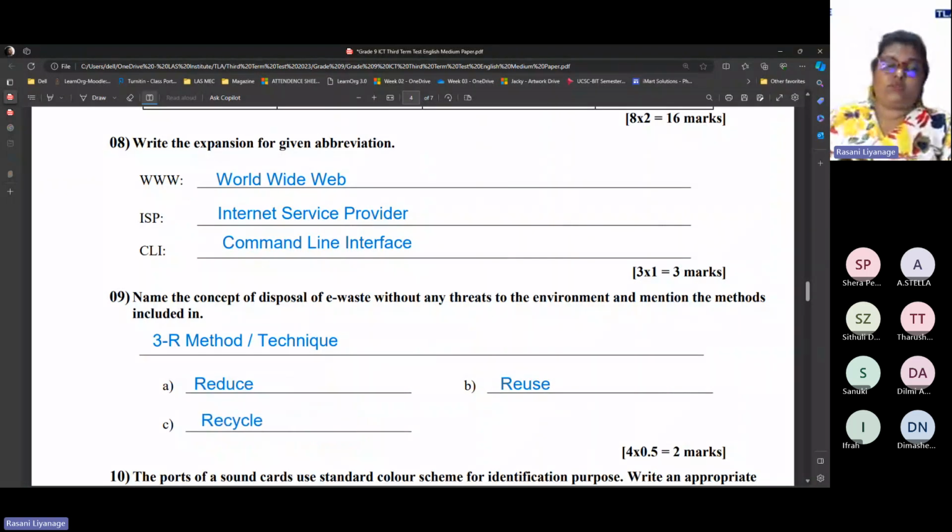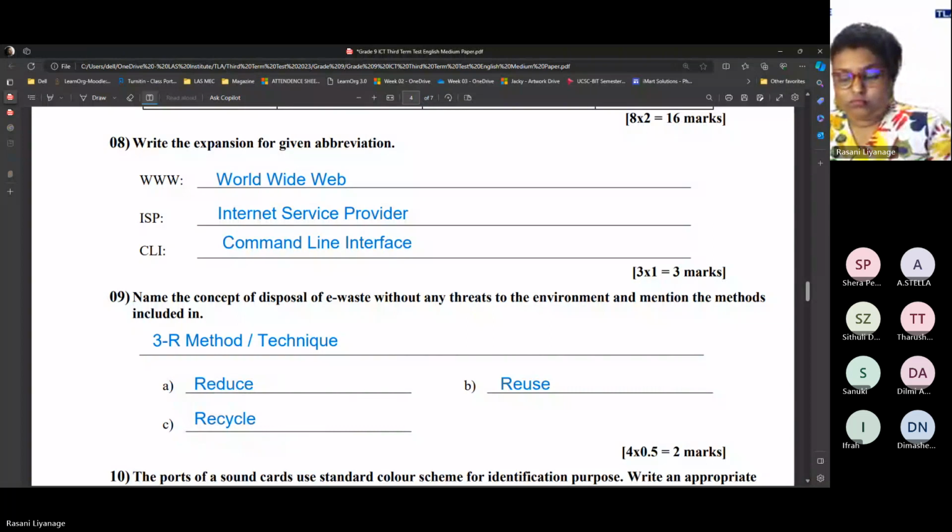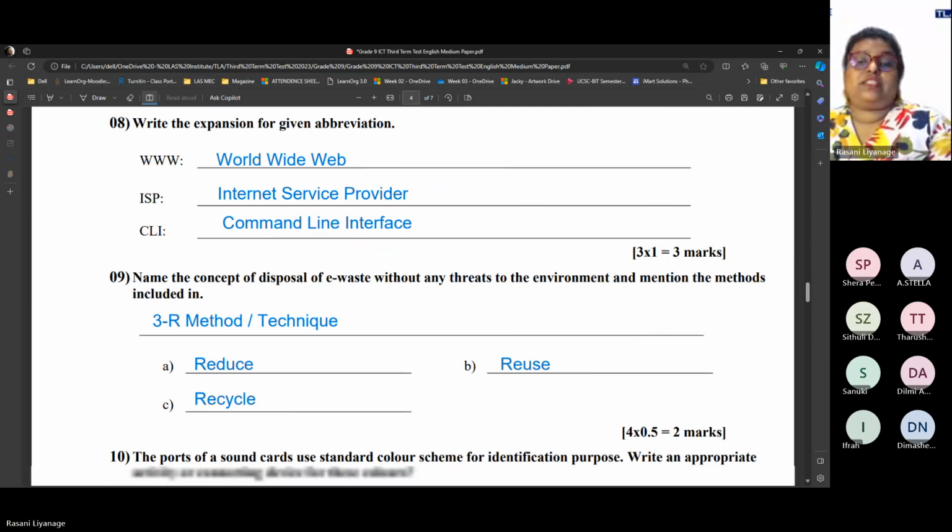Reduce, reuse, recycle. Righto. 10th one.